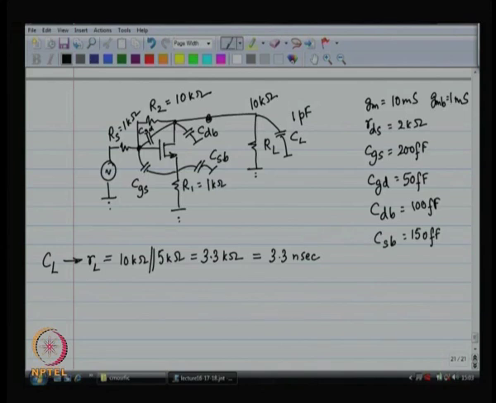Now, obviously, this is huge, right, and with this kind of a design you are not going to get anywhere. So, what you really have to do is you have to use a bigger transistor, smaller resistors all over the place, so that the output resistance of your circuit is much lesser.